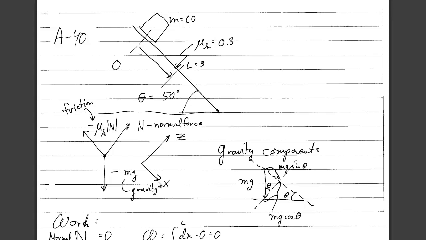Okay, so we have the forces acting, and we now need to break the forces into components to isolate the component of each force along the x-axis. We have done the component of gravity along the x-axis in problem A-37. Guess what? It's the same component that it was a few minutes ago. The force of gravity, here's mg, is pointing vertically downwards.